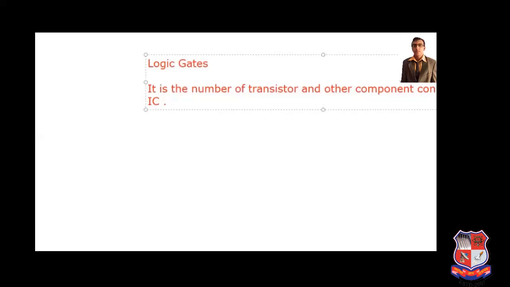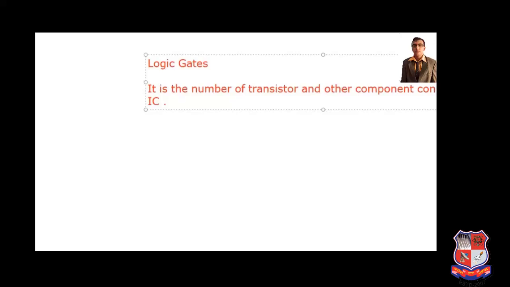It is known as integrated circuit, and there are types of integrated circuit: small scale integration, medium scale integration, large scale integration, very large scale integration. So it is the basic parameter of integrated circuit.